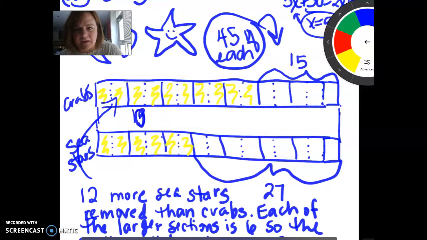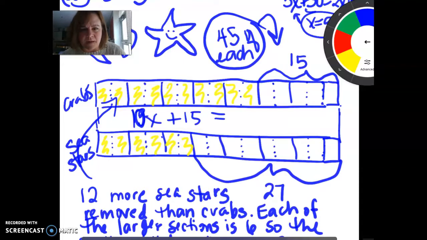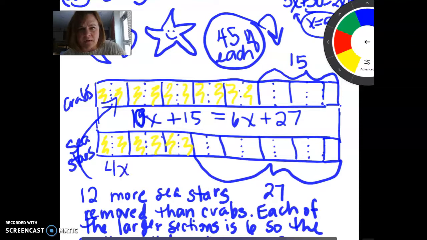We have 10 x's plus 15, and that's going to be equal to 6 x's plus 27. When I solve for x, I end up with 4x equals 12, and so each of my x's has a value of 3.